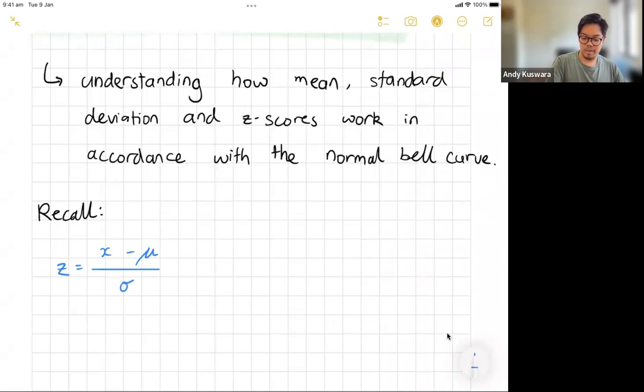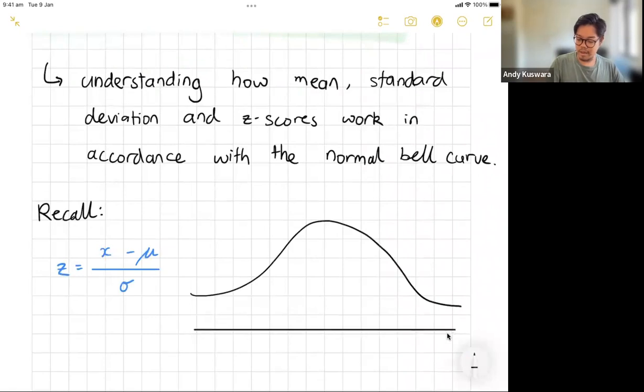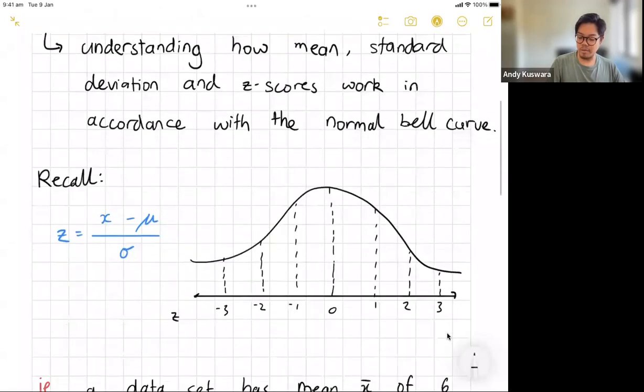And then the way your bell curves work is you're going to have a bell curve, and in your center, we're talking about your z-scores. That's a z-score of 0. Then you're going to have between -1 and 1 z-score, then -2, -3, and 2, 3, and those are all your z-scores.